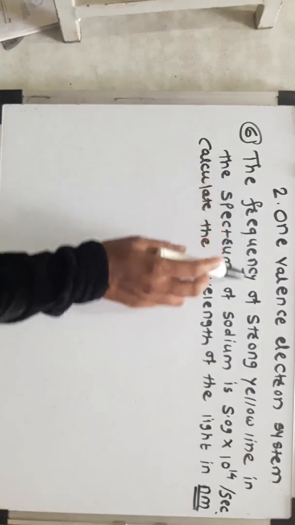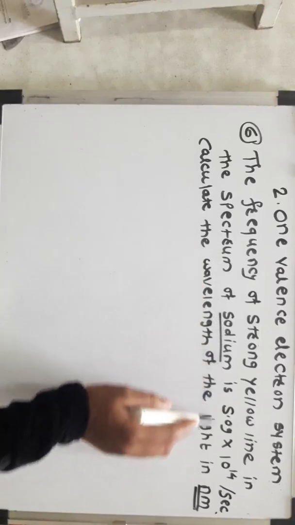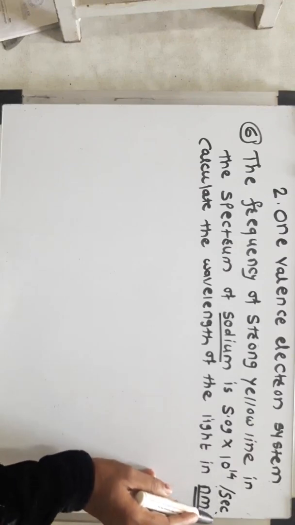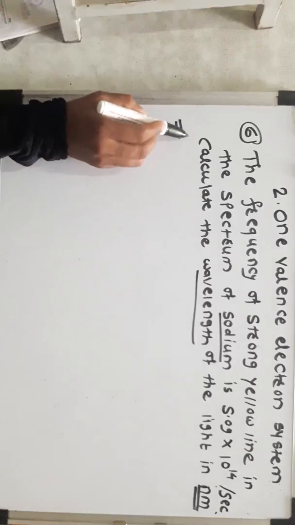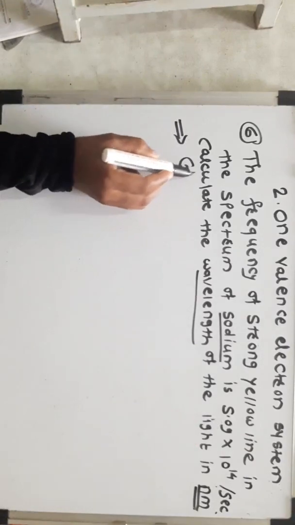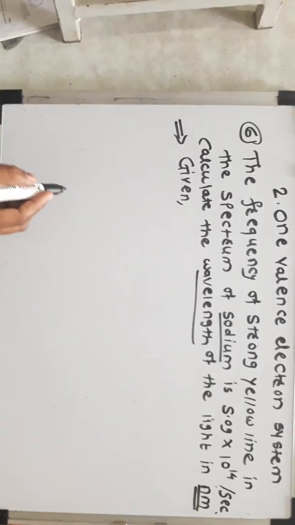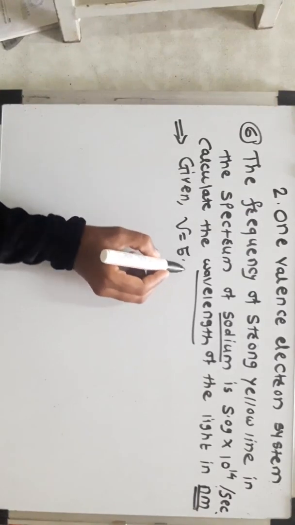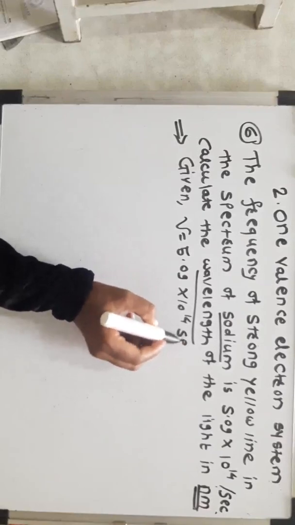The problem is that the frequency of the strong yellow line in the spectrum of sodium is 5.09 into 10 raised to 14 per second. Calculate the wavelength. First I have to write the given: the frequency nu is equal to 5.09 into 10 raised to 14 per second.